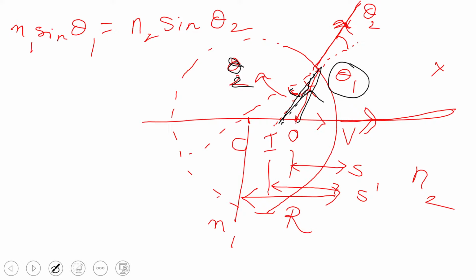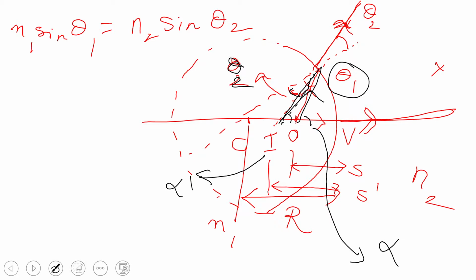Now let's look at the external angles here and here, right? Let's call this external angle next to I as alpha prime, and this angle next to O as alpha. Okay.